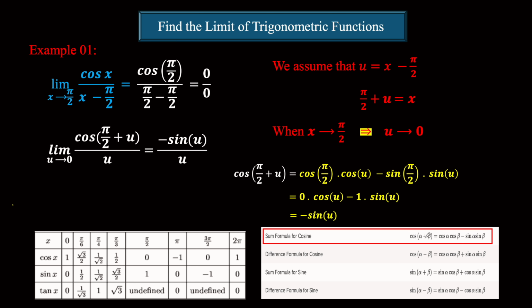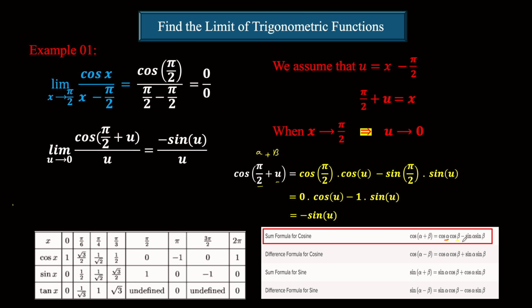We have a plus b. So here is a, here plus b, okay? So we take cosine a cosine b minus sine a sine b. So cosine pi over 2, this is a, multiplied by cosine u, this is b, okay? We follow this one, a, b, okay?